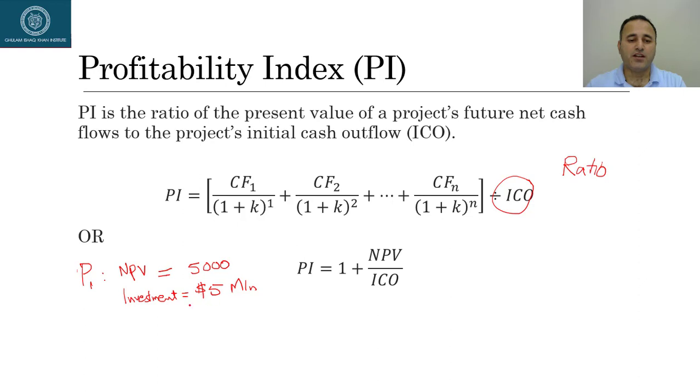Now, let's say there is another project for which the NPV is the same $5,000, but the investment here is only, let's say, 500,000. So in the first project, the investment is actually 10 times more. And in the second project, the investment is of course less, but the NPV on both of them is exactly the same. So if we consider only the NPV, of course, both these projects are equally attractive.